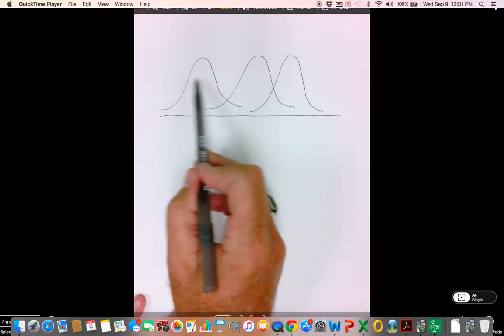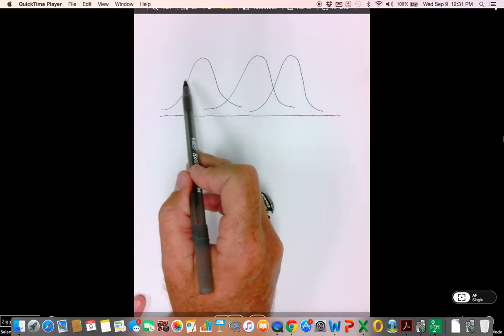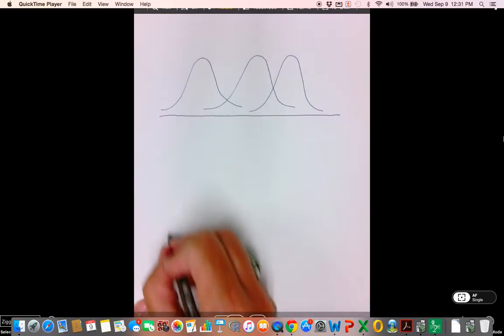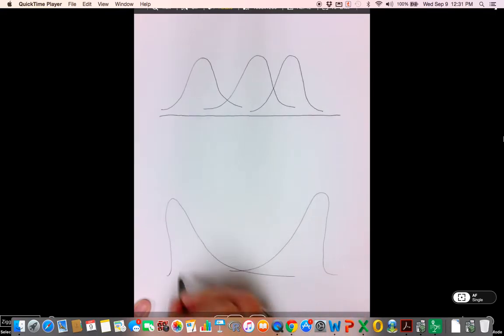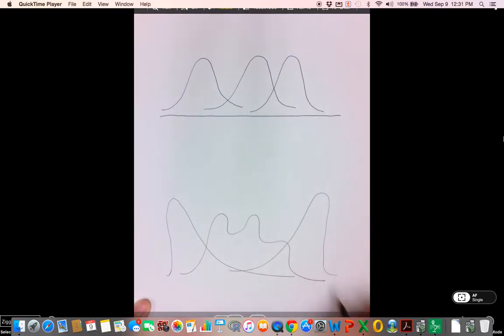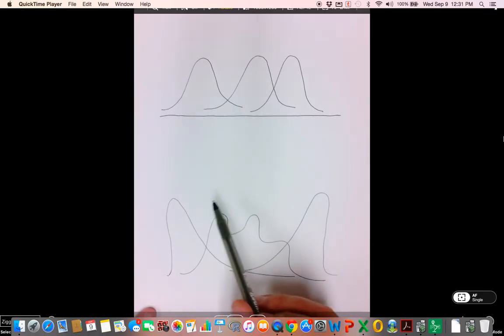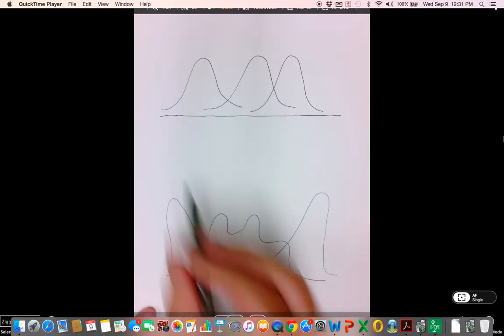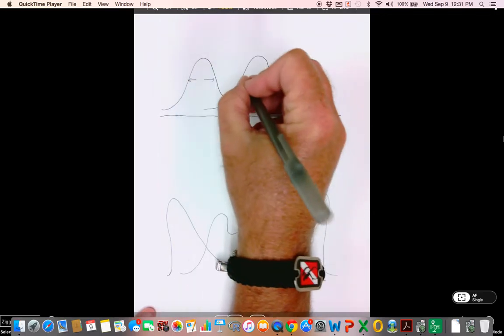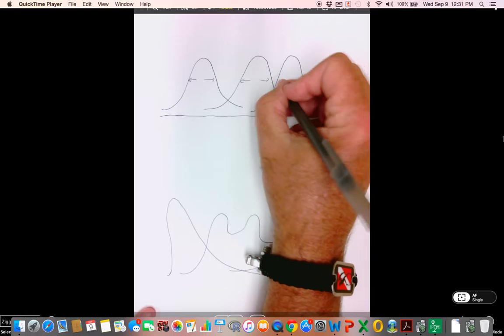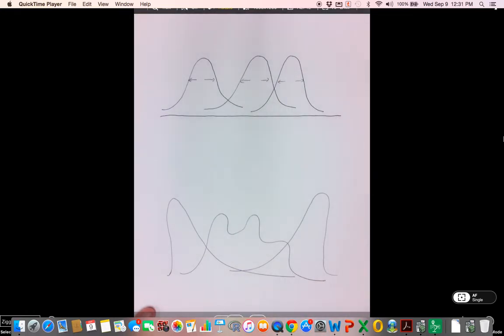Nice, smooth, neat distributions. None of this stuff. We have normal distributions. The second assumption is we have equal variances.